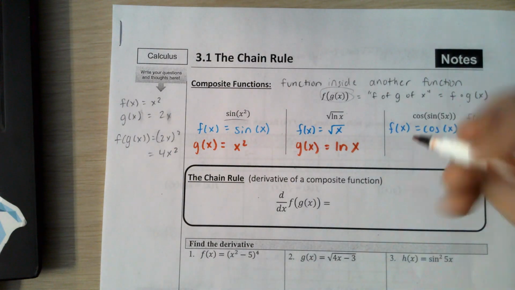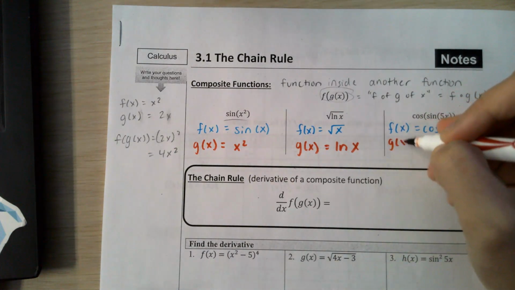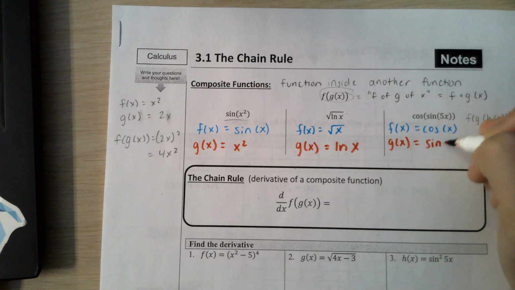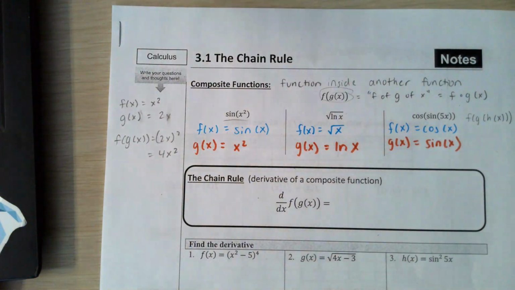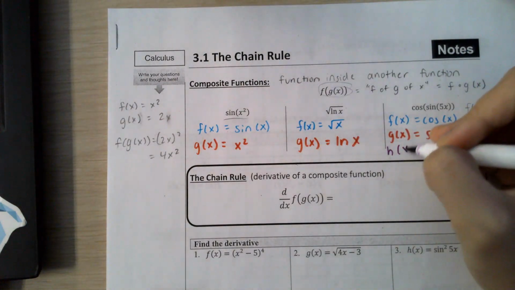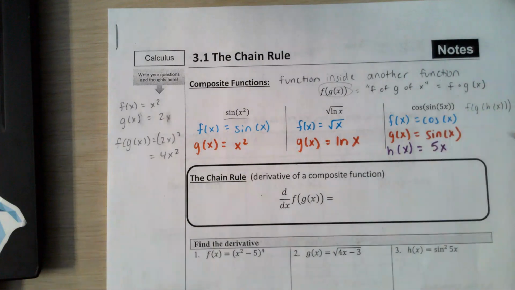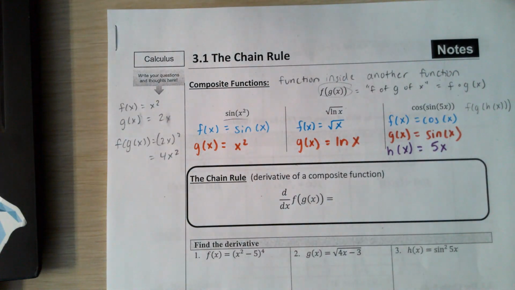And then what's inside of that is sine of x. And then what's inside of that is a 5x. Right, so we're just lots of composite functions, putting things inside of other functions.